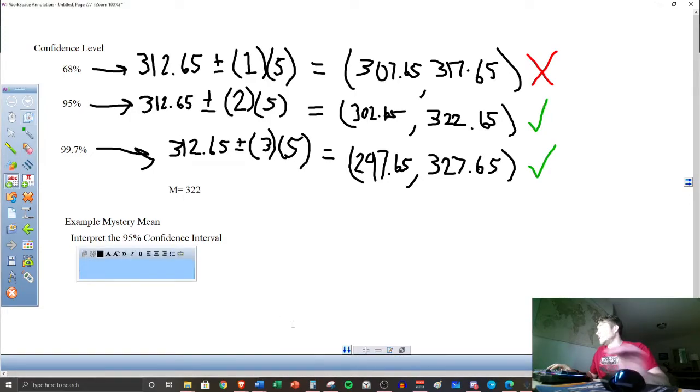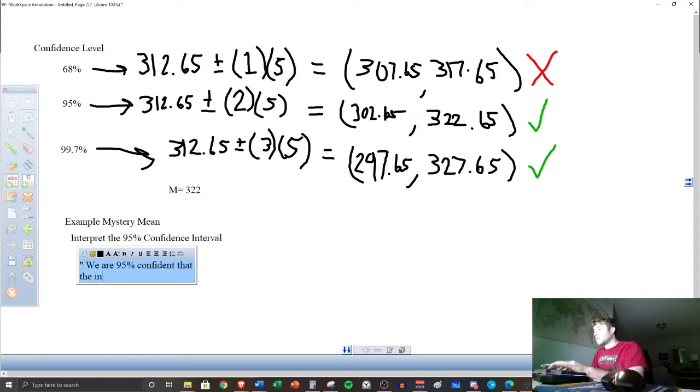Okay, so I'm going to put in quotes: we are, it says C%. Well, what percent are we? Well, it's going to be 95% confident that the interval from, and it says blank to blank. Well, we have that right here. We're looking at our 95% interval.